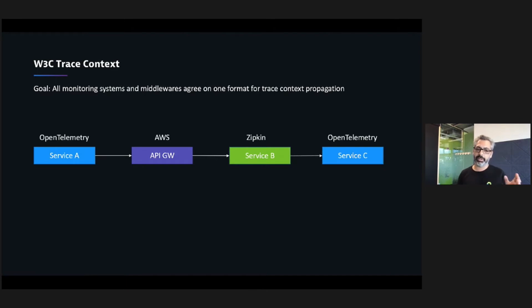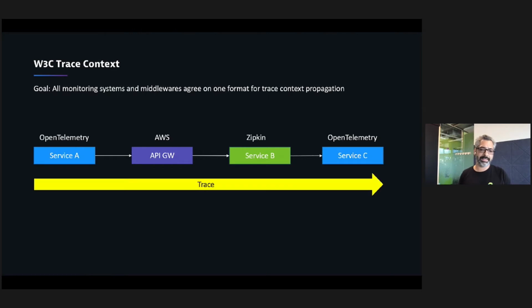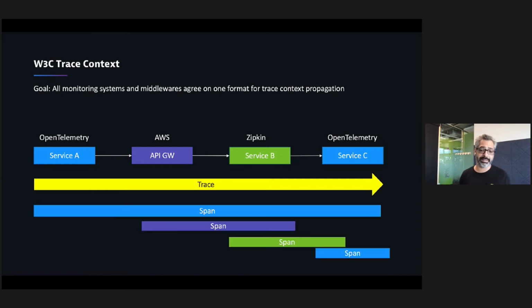Because the idea is, if you have something monitored by OpenTelemetry, something is AWS owned, some Zipkin stuff and some OpenTelemetry again, that you still have an end-to-end trace, because each system in between knows how to manipulate and propagate this header. So this is the perfect world when there is one standard for that.